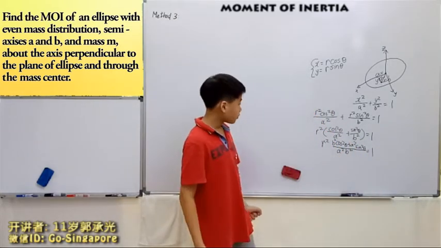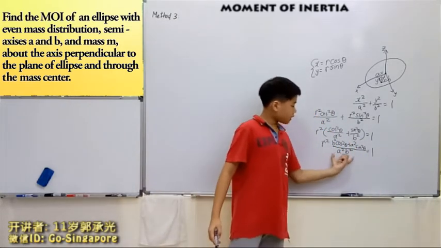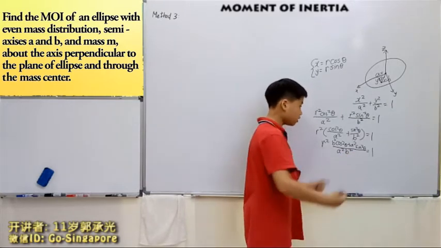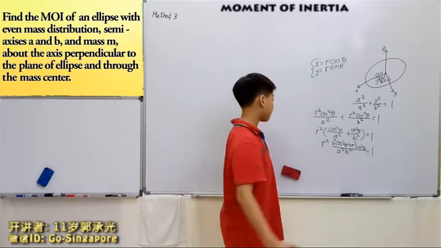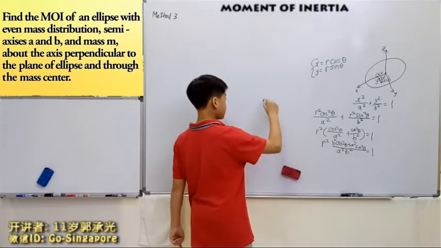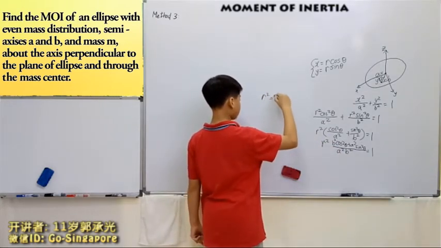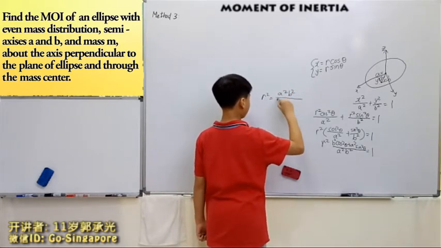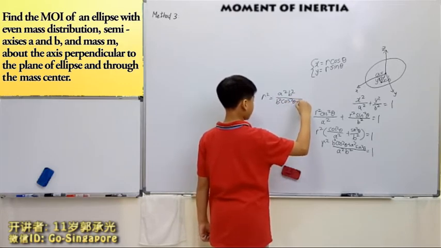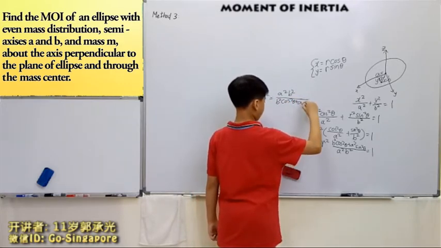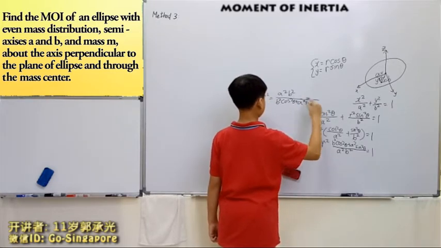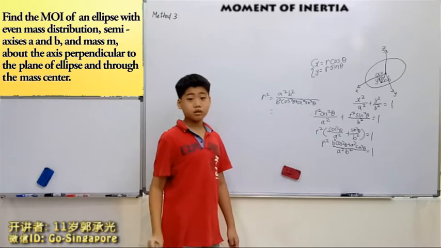Like this, then we can divide this whole fraction to the other side. That means r squared would be a squared b squared over b squared cosine squared theta plus a squared sine squared theta. Okay?